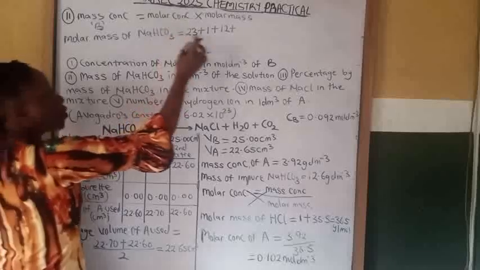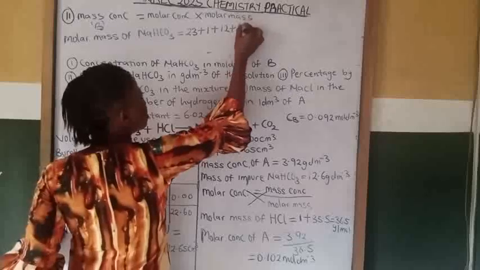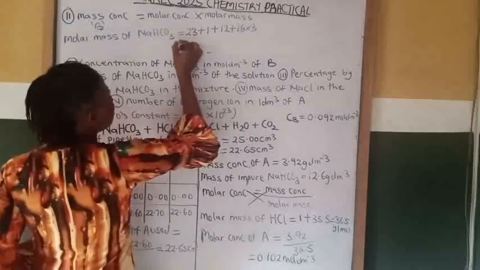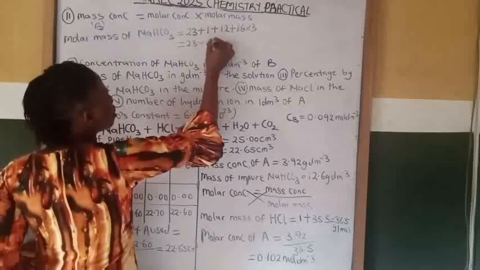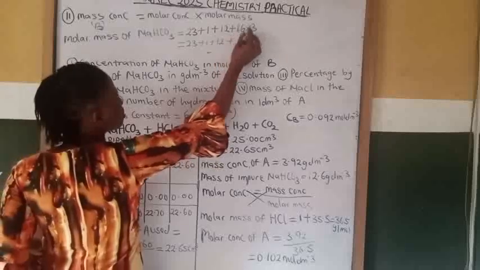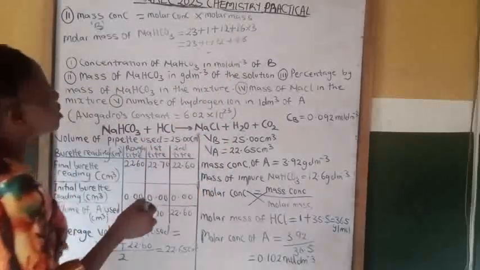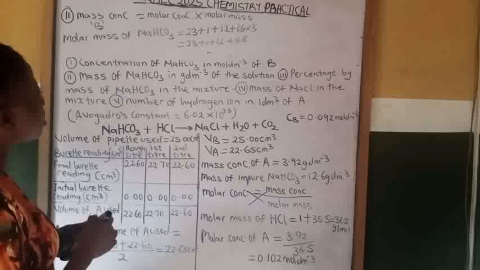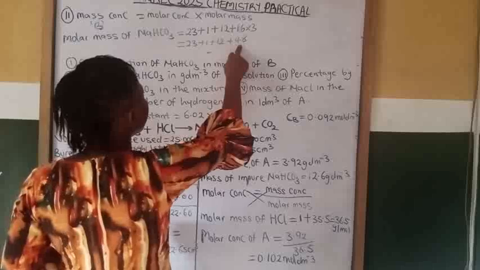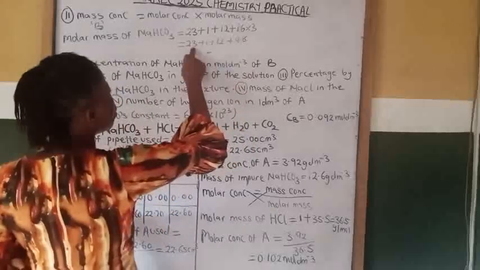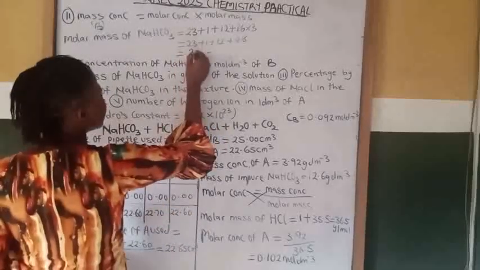We have 3 atoms of oxygen; the atomic mass of oxygen is 16, times 3, which is 48. So let's add everything together: 12 plus 48 is 60, 60 plus 23 is 83, plus 1 is 84. Therefore our molar mass is 84.